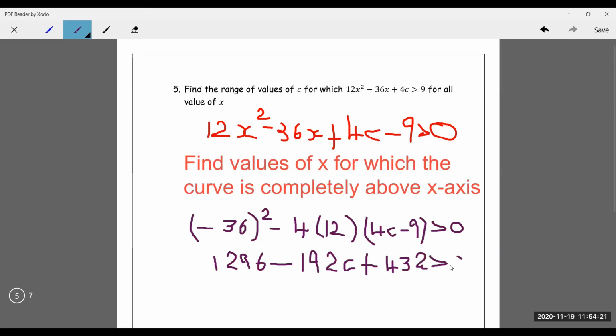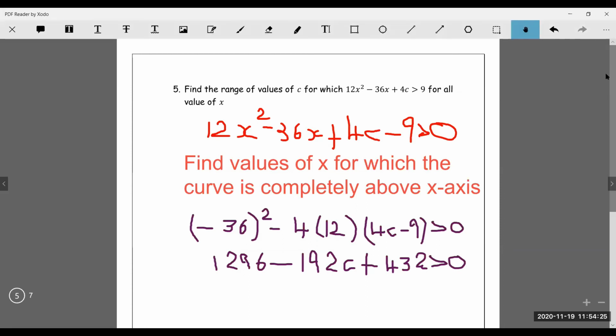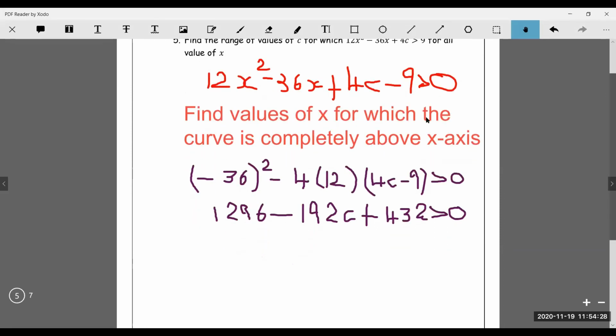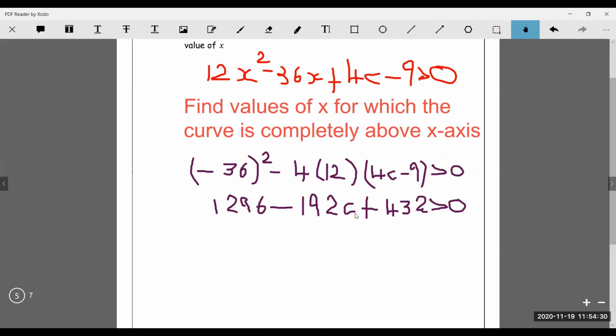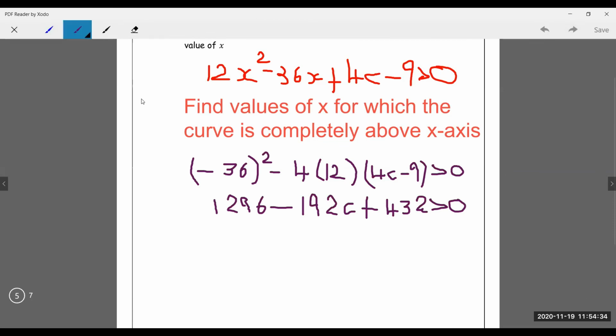Now we're solving this. We have 1296 minus 192c plus 432 is greater than 0. Let's bring over the 192c to the other side.